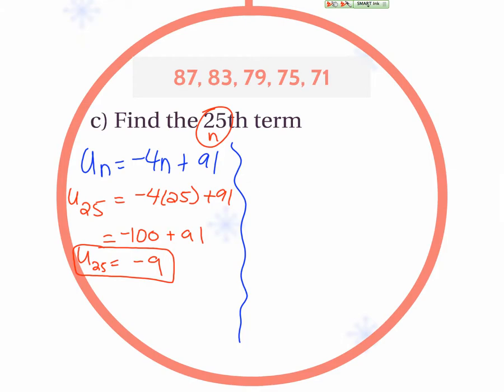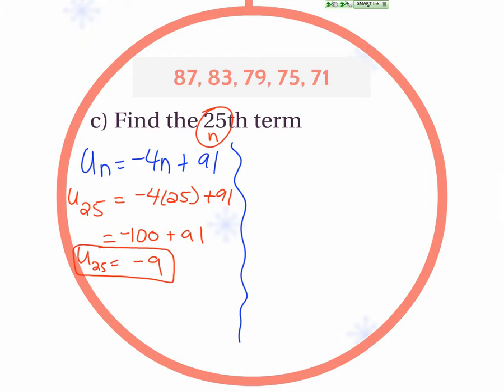So the 25th number in our list, if we keep adding negative 4 and adding negative 4, will be negative 9. Now, I know we talked about yesterday that our term numbers can't be negative. So the term number, this 25, is never going to be negative, but my actual terms can be. So just to clarify that from yesterday to hopefully not have any confusion.